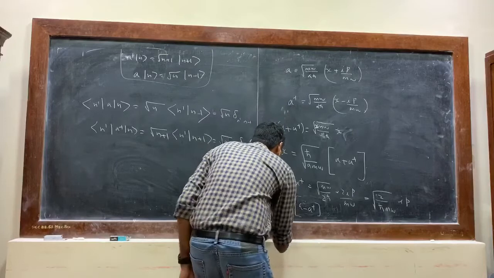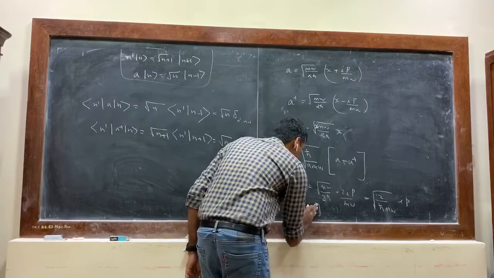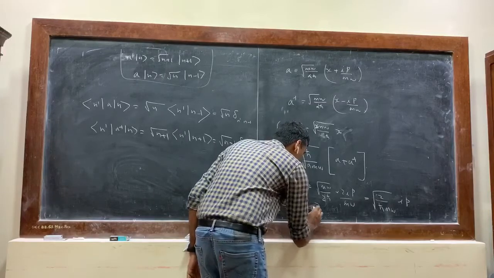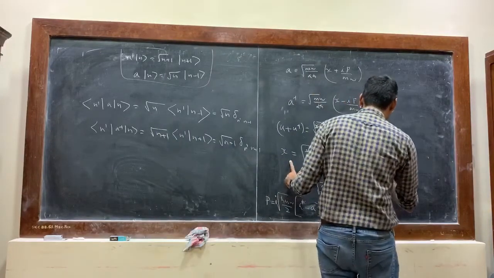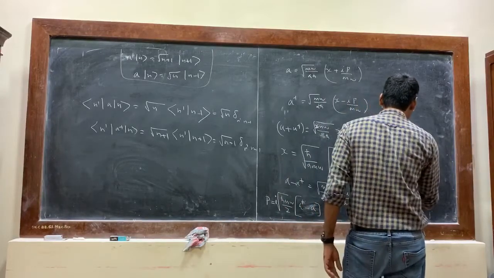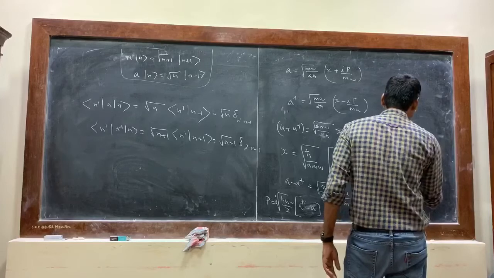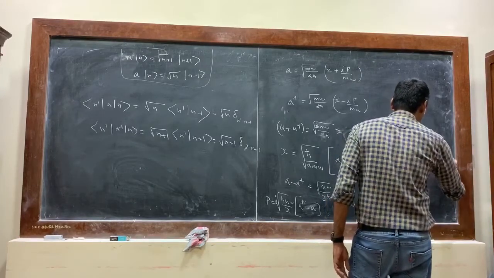So you can write p is equal to i times square root of h cut m omega divided by 2 times (a dagger minus a).